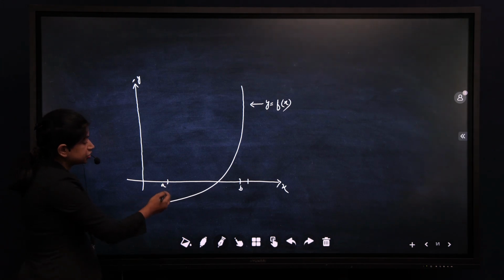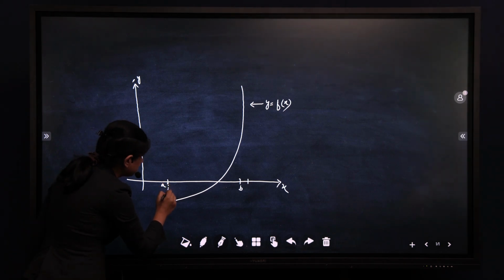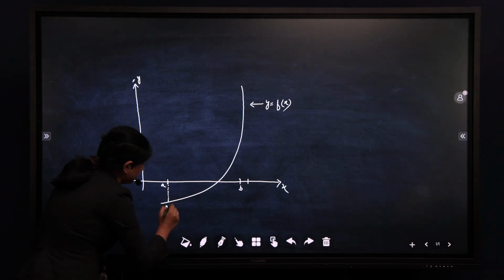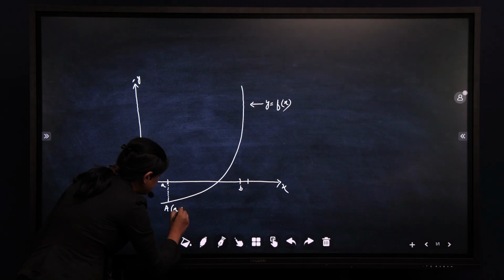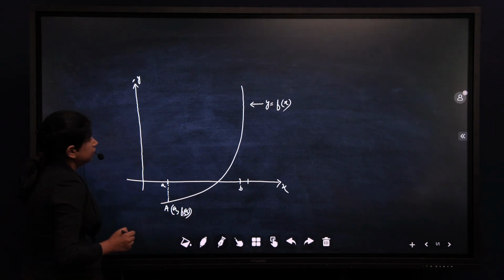Now what will be the function value of this a? The function value will be lying here. So this point, let us denote it by (a, f(a)).